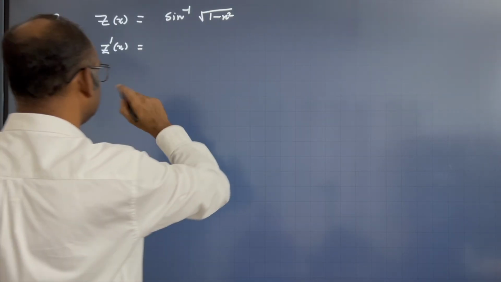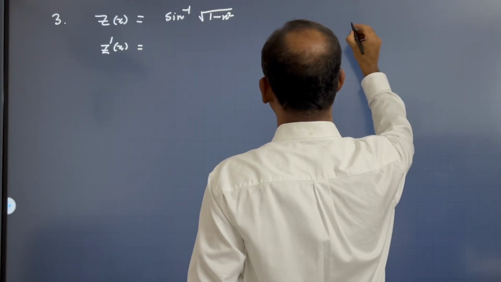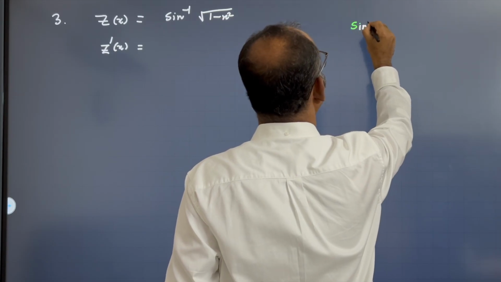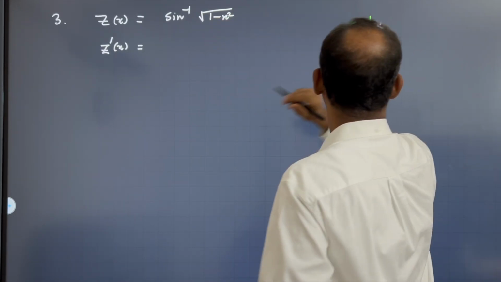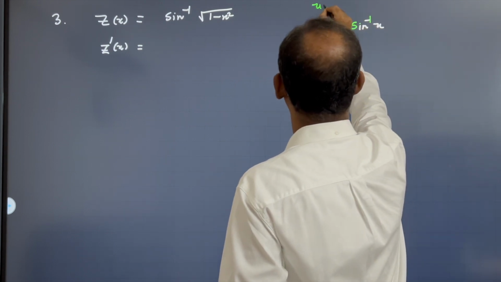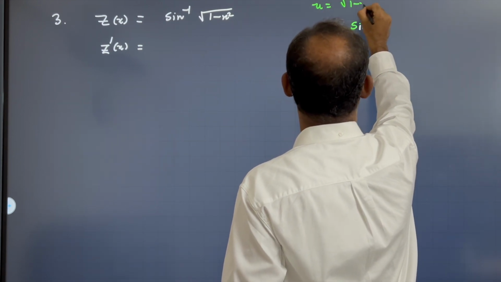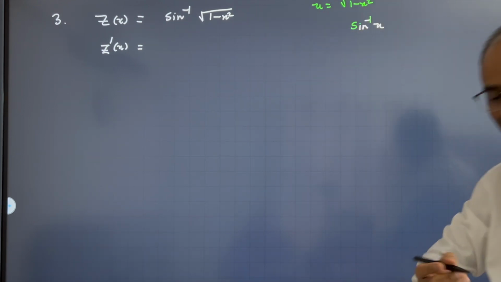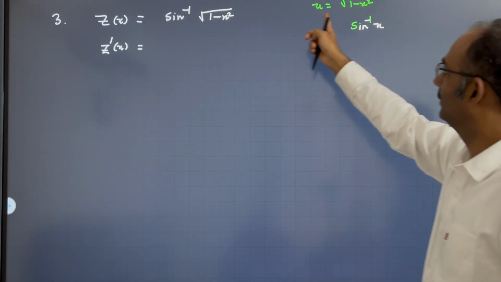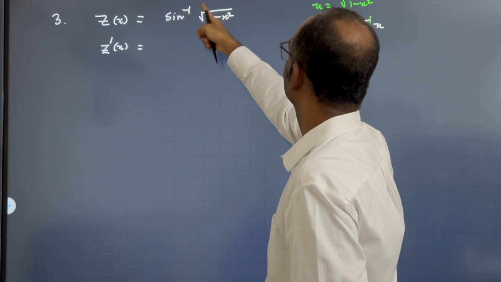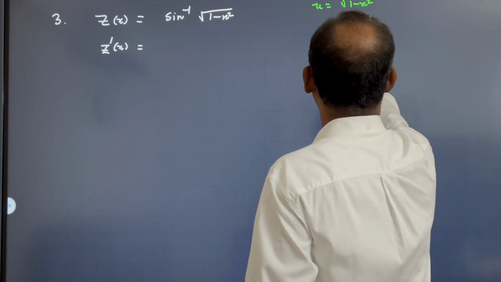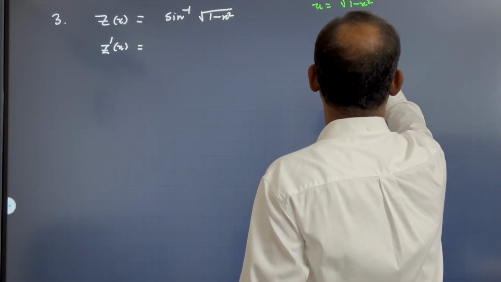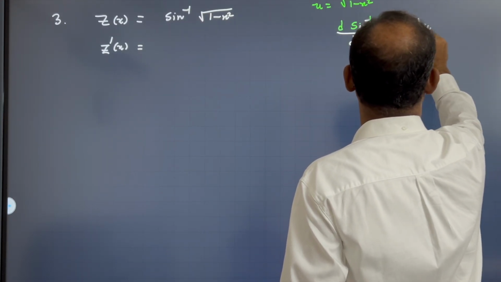So just let us do it here. Sine inverse of u. Okay. So for me now u is equal to square root of 1 minus x square. I am going to use chain rule. So I have d over du of sine inverse u times du over dx.